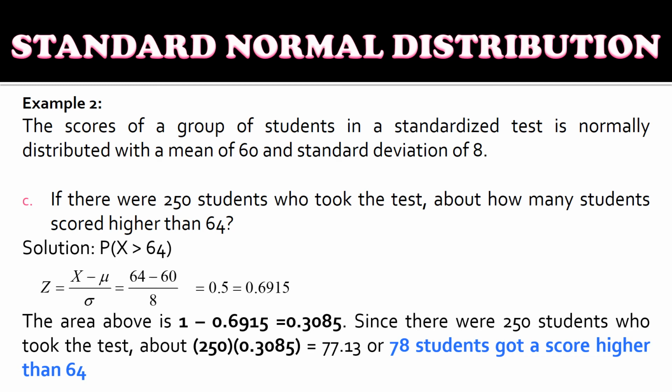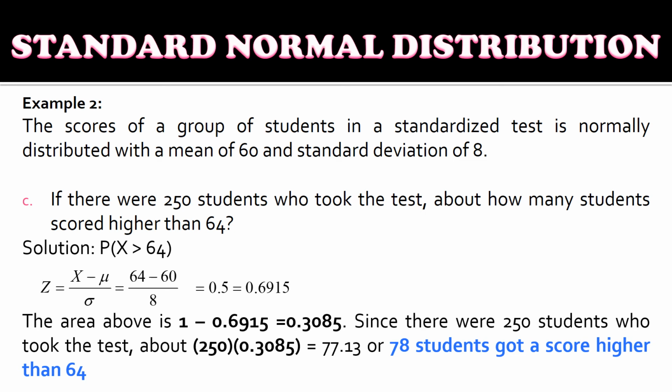So we would have 0.3085. Since there were 250 students who took the test, just multiply that 0.3085 by the number of students who took the test. So we will have 77.13, and our final answer is 78 students got a score higher than 64.